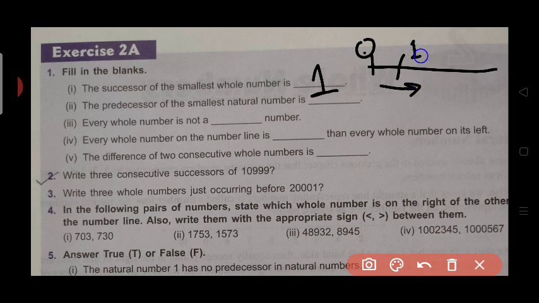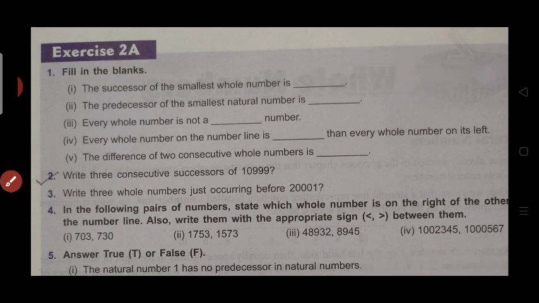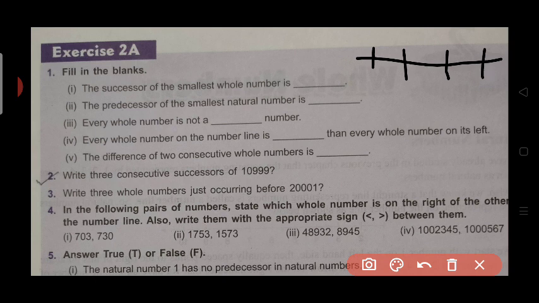Okay. The next question is the predecessor of the smallest natural number is, again let me draw a natural number line. Here it asks about natural numbers. Natural numbers start from 1, 2, 3, 4 and so on. So the predecessor of the smallest natural number, if 1 is here, its predecessor can be 0. So the answer is 0.